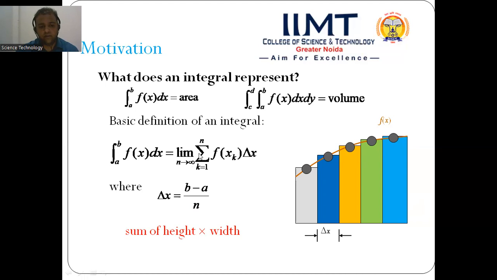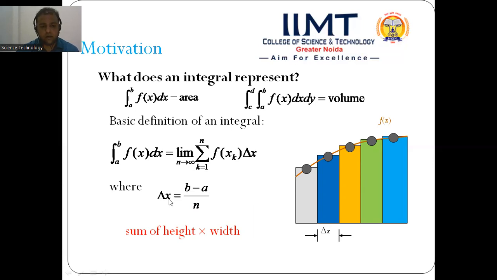So, limit n tending to infinity. What does that mean? We can partition the interval a to b into equal parts, with as many rectangles as we require. So n can be large, whatever the choice.